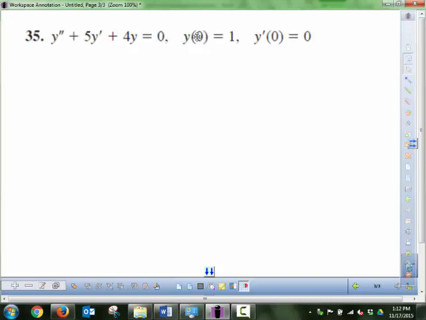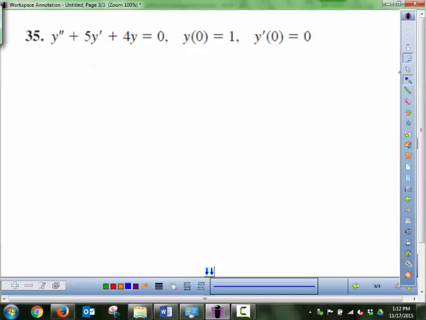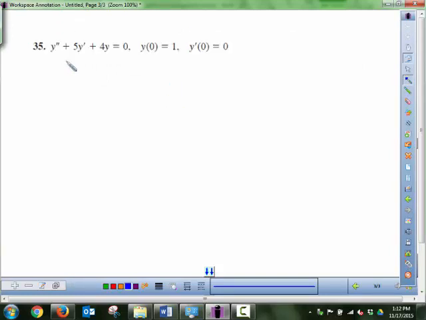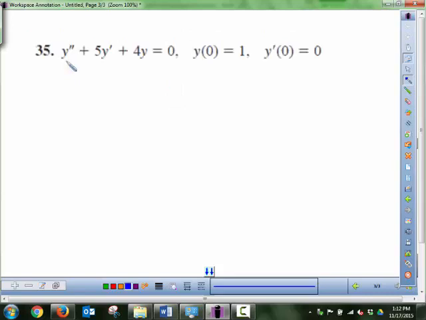All right, here's a second order differential equation. So we need the Laplace transform of a second derivative. And you guys have that memorized already? Laplace transform of a second derivative. So let's see.